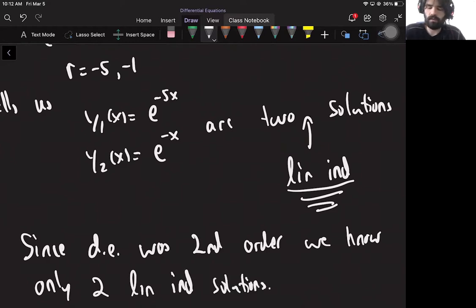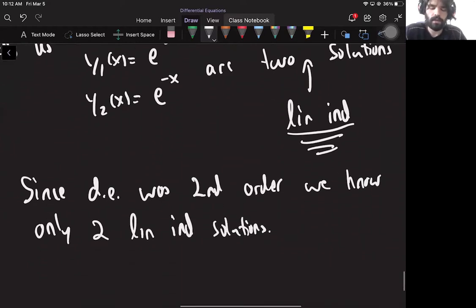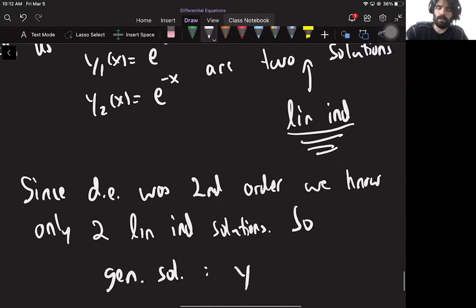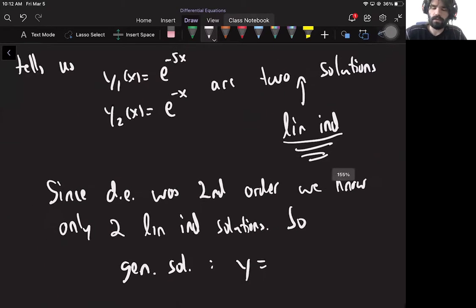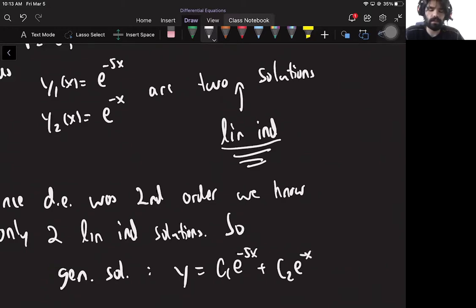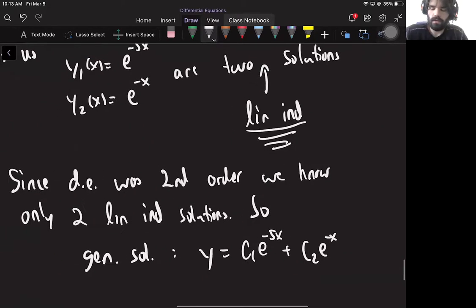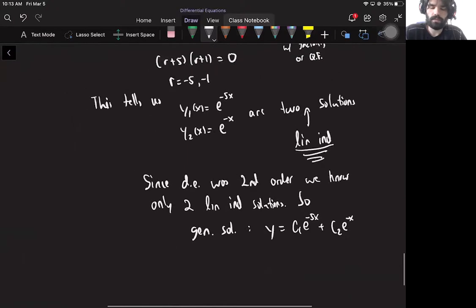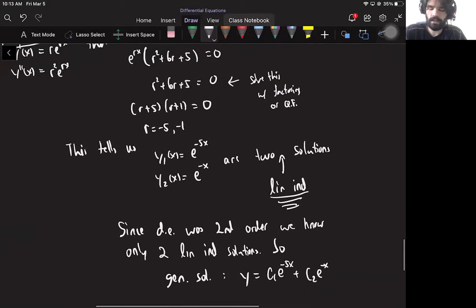And I have 2, so I have as many as there are supposed to be. So the general solution, I can say for sure, is just the general linear combination of these 2. So C1 e to the negative 5x plus C2 e to the negative x. That's it. That solves for the general solution of the differential equation. So that's the easiest version.